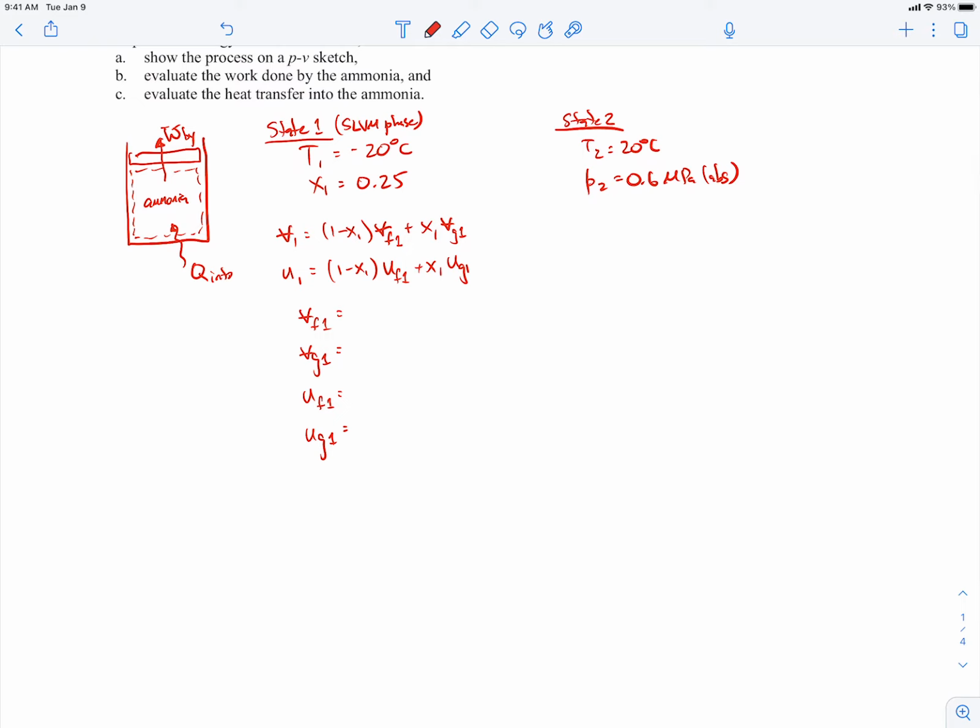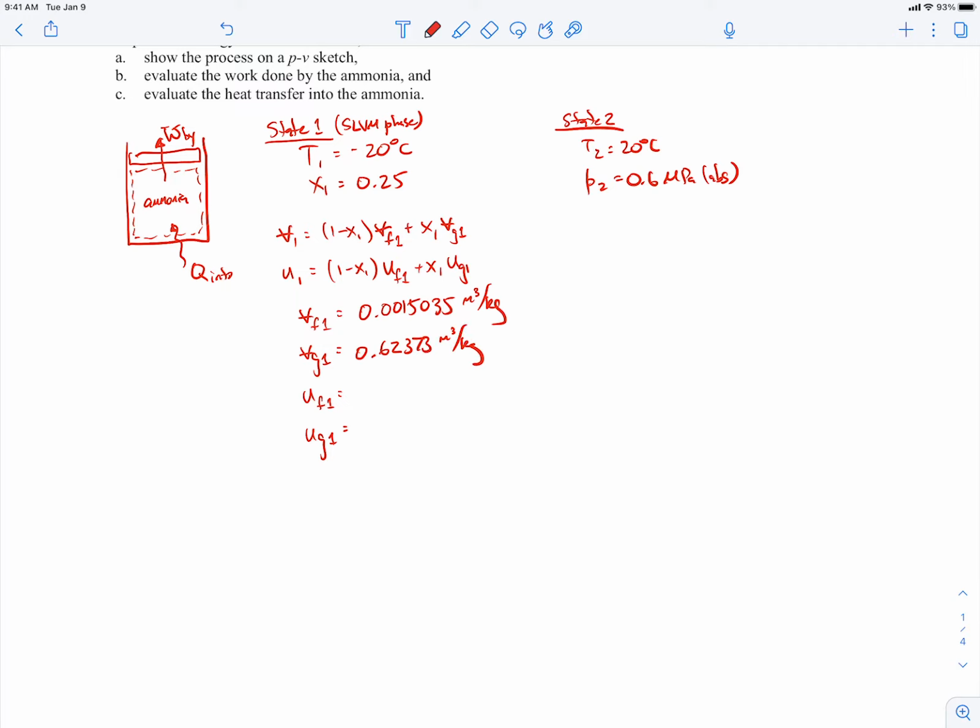So the specific volume is the following. It's going to be 0.0015035. Some numbers, unfortunately, just because we have to deal with table values. For this saturated vapor specific volume, it's 0.62373 cubic meters per kilogram.